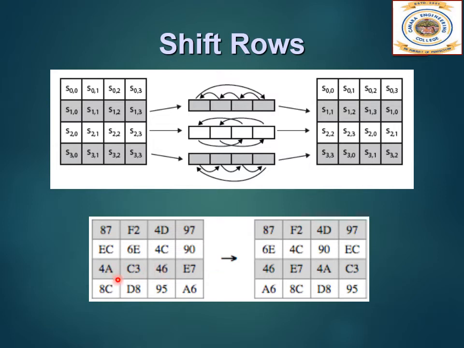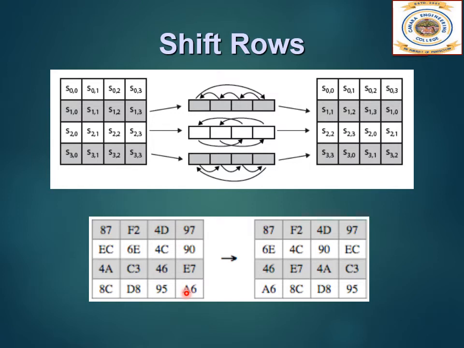Coming to the third row, it is a 2-byte shift. E7 is shifted to C3's place, and 46 is shifted to 4A. 4A is shifted to 46 and C3 is shifted to E7. That is the third row. And in the final fourth row, you have 3 shifts.